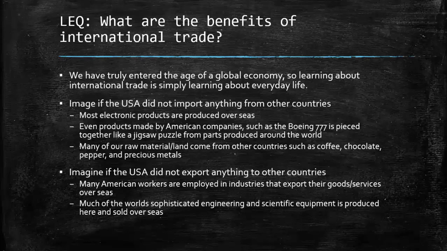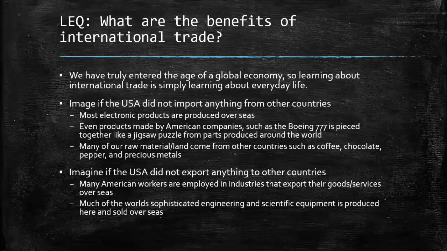Even products made by American companies, such as the Boeing 787, which is the big jumbo jet, is pieced together from different parts produced all over the world. For example, the engines are produced here in America, but the fuselage is produced in Japan. The cockpit is produced in South Korea. I may have had those two mixed up, but you get the idea.